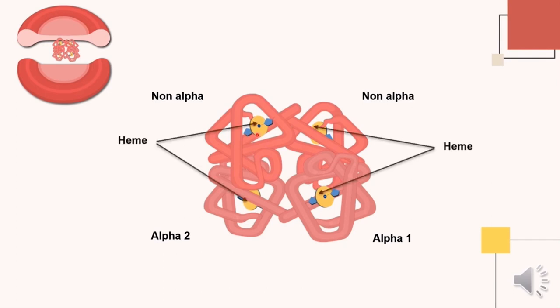This is the heme group. This is 1, 2, 3, 4. And in the center of this heme, we have an iron ion, which is in the ferrous oxidation state. And here the oxygen will bind with this iron. Okay, so each molecule of hemoglobin binds to 4 molecules of oxygen.